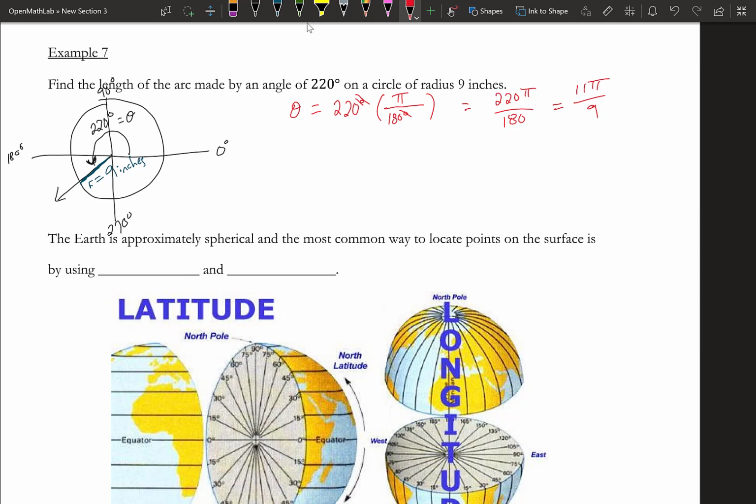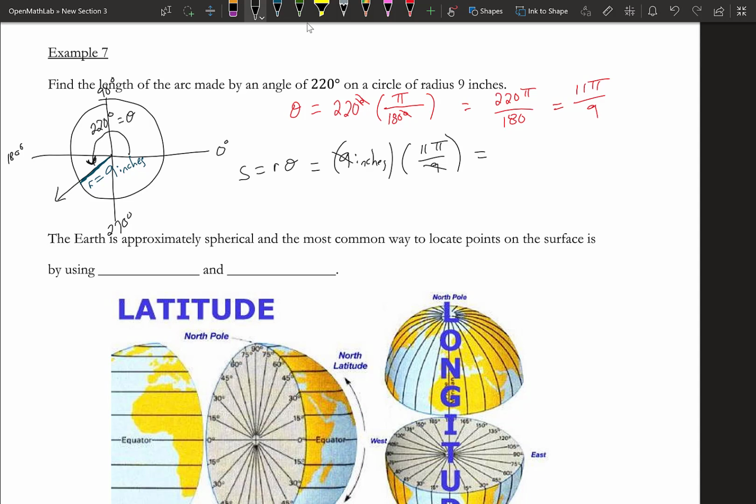So now to find the arc length, we can use our equation, s equals r times theta. So this would be equal to 9 inches, that's the radius, times theta, which is 11 pi over 9. So the 9s are going to cancel out.